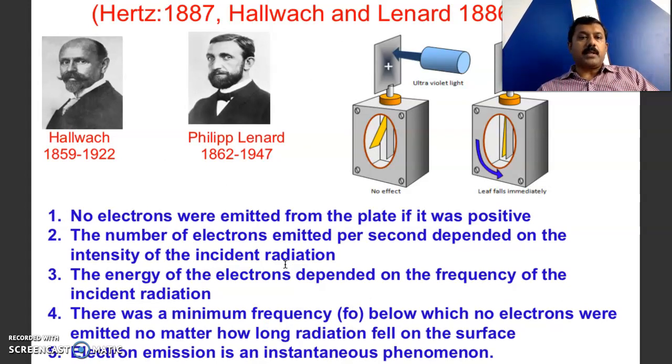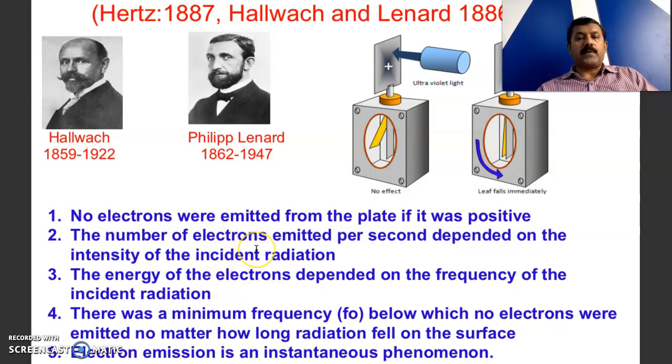These experimental observations were made by two groups, Hertz, Hallwachs and Lenard, around 1886. They studied this photoelectric phenomenon using several experimental setups. They noticed that it is an instantaneous phenomenon.